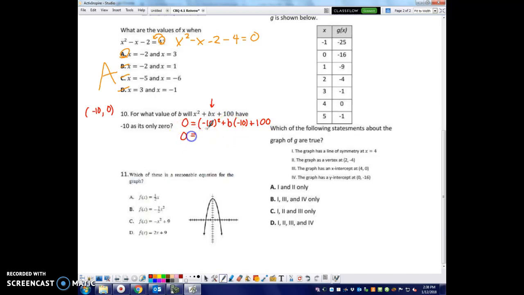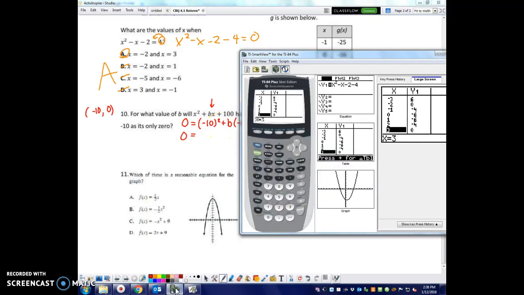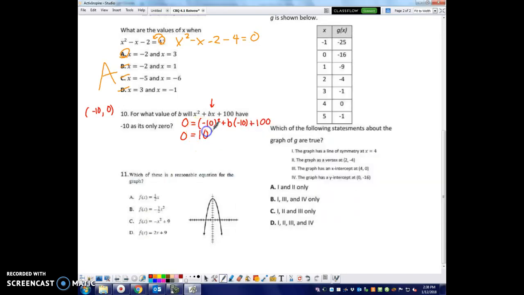So we have 0 equals negative 10 squared. Be sure to use the parentheses correctly. So parentheses, negative 10 squared. That's 100 because negative 10 times negative 10 is positive 100. So we have 100 plus b times negative 10 plus 100. So let's combine like terms. We'll combine those hundreds. So we have 200 plus b times negative 10. Now, we're trying to get b by itself.